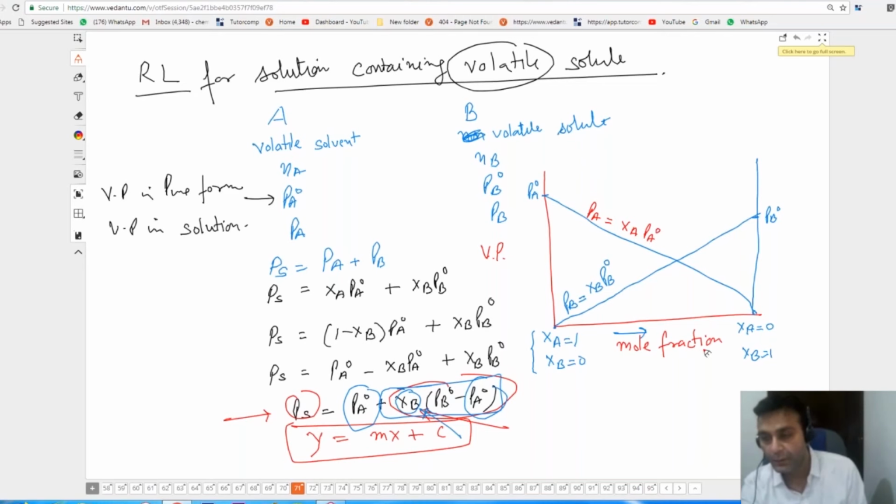So what you find here, at this point, let it be this point, there is some value of the mole fraction of A, let it be 0.7 of A and 0.3 of B. So corresponding to this point, I can get the pressure of component B. And at this point here, I can find out the mole fraction of the A component.